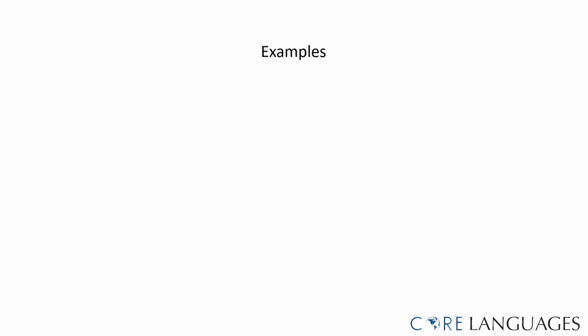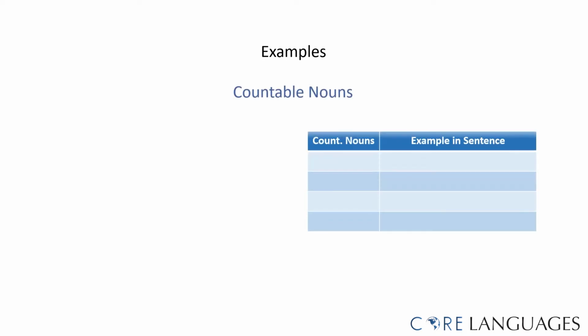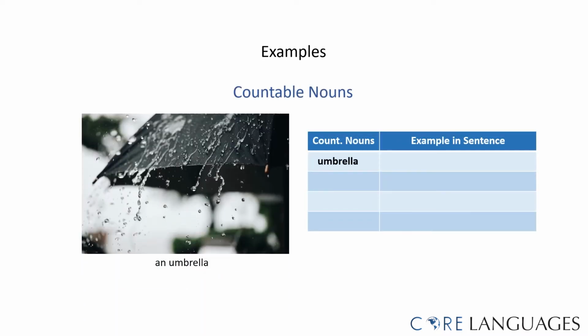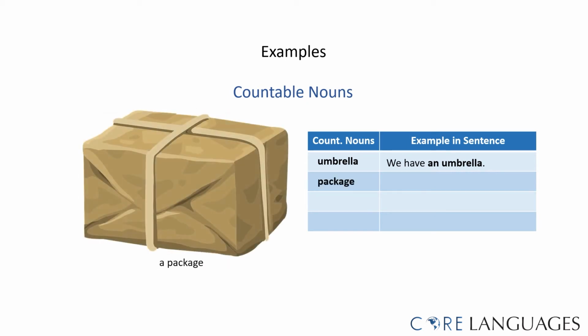Here are examples of sentences that use the indefinite article with countable nouns. For example, an umbrella. We have an umbrella. A package.